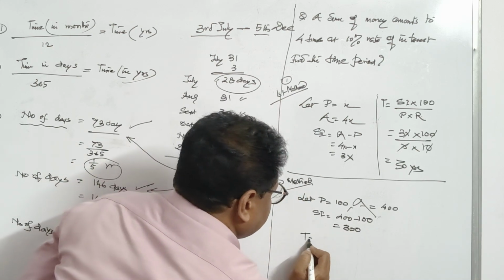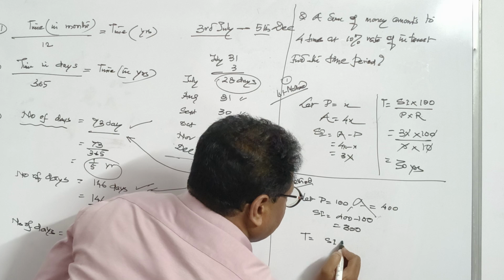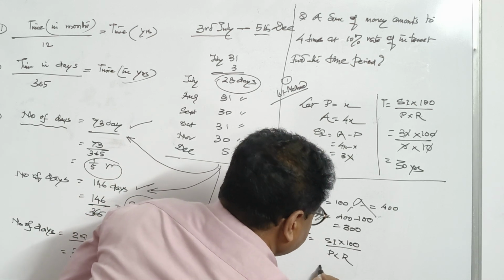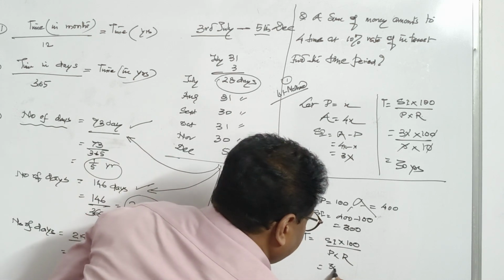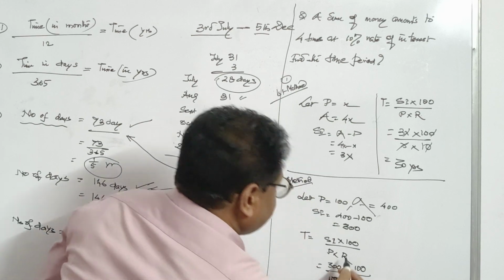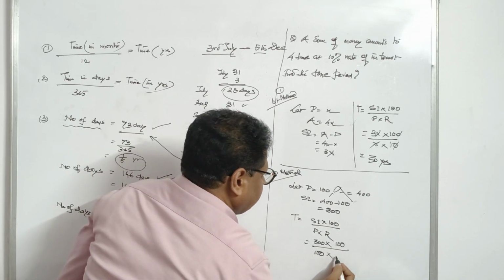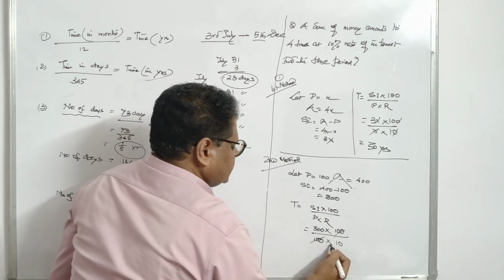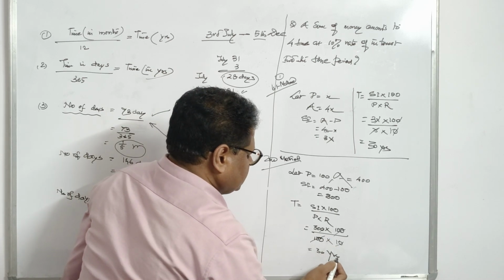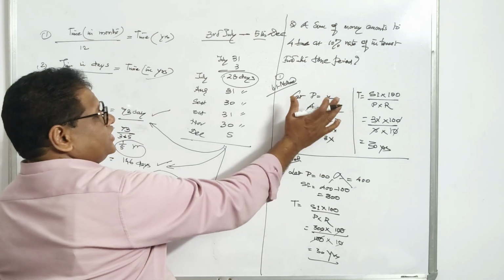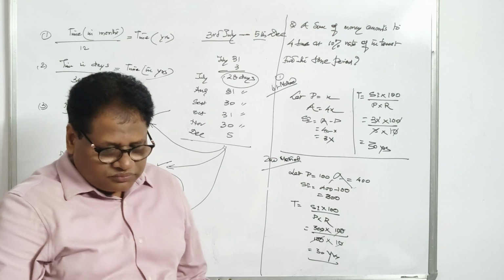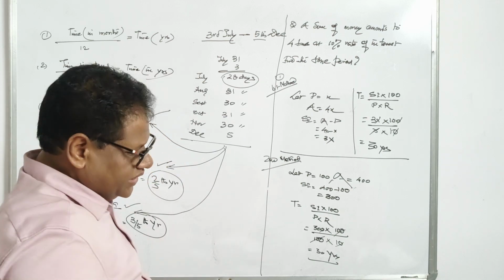Then you can apply the formula, time equals SI into 100 by P into R. So SI is 300 multiplied by 100. Principal you have taken as 100 multiplied by rate, that is 10. This cancels, so again it is 30 years. So it is up to your choice, either to do by the x method or by taking 100. Both are correct. Clear? Now let me discuss one complicated question.